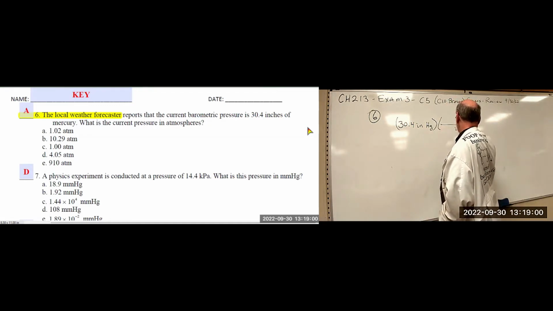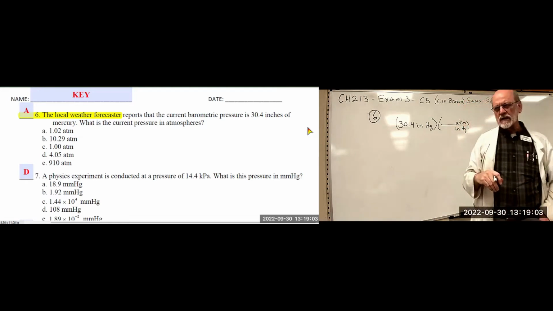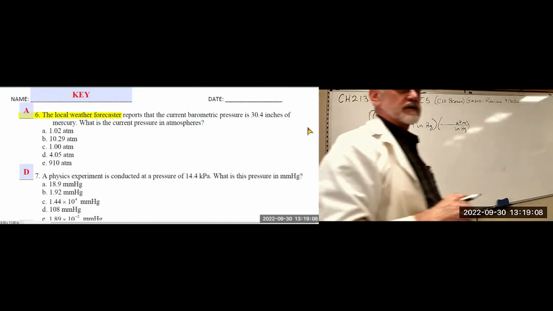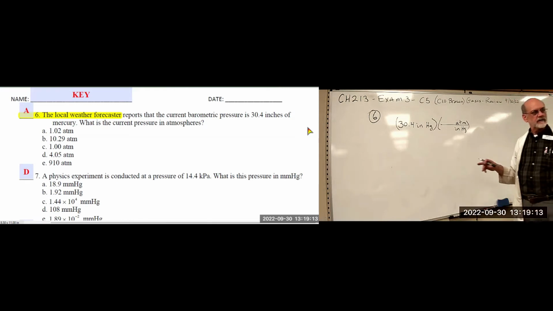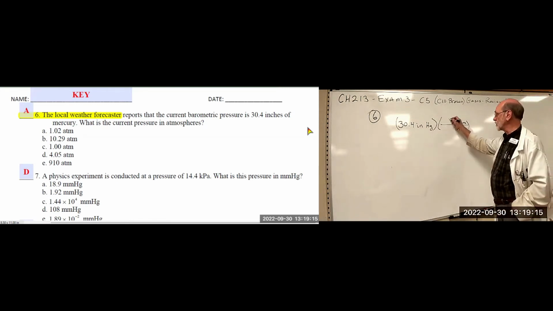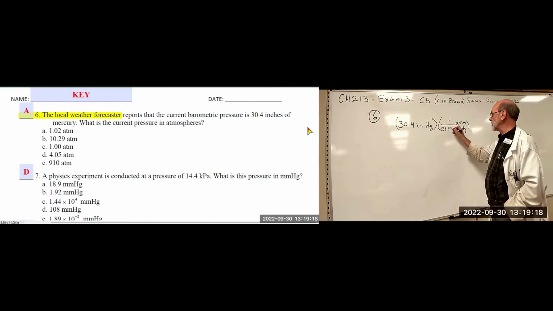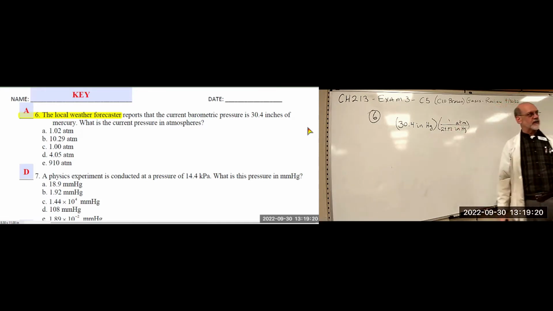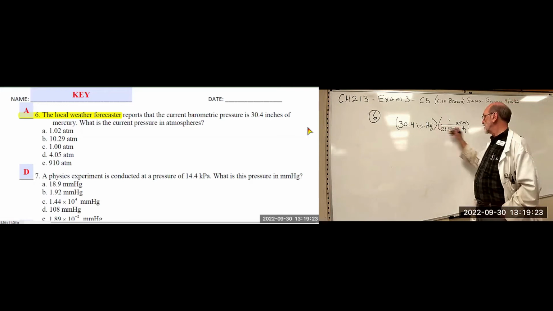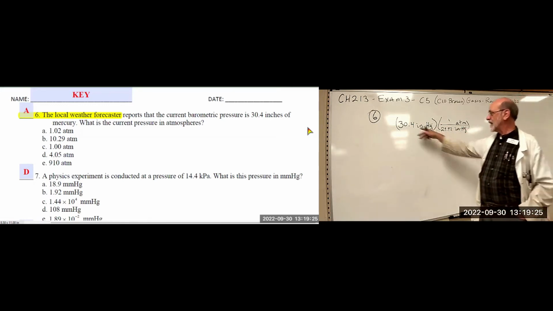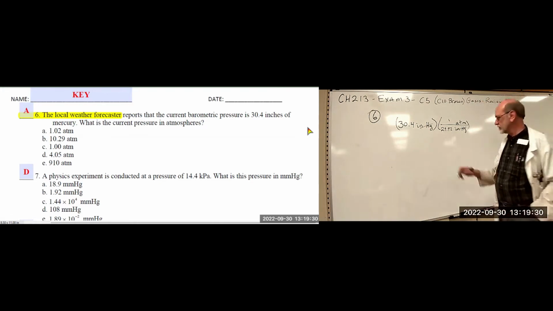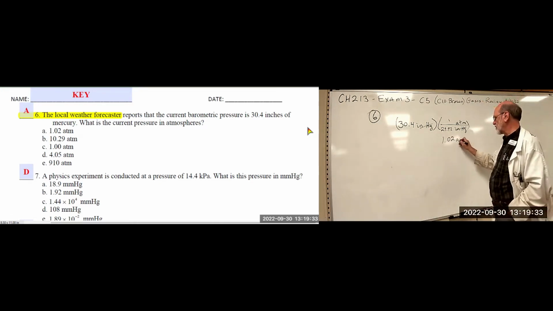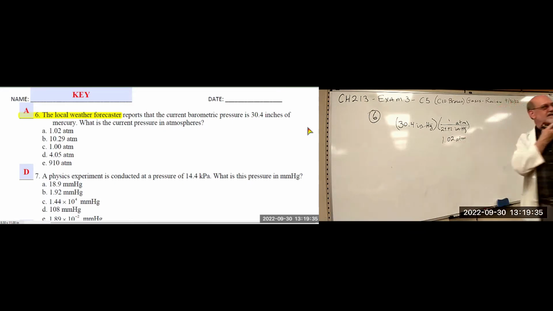If you don't remember that, that's okay. In the back of the review document, there's useful information and there's a list of conversion factors for those things. And if you look it up, you'll find that the conversion is 29.92 inches per atmosphere. So if you divide that into that, it's a little more than 1. And as it turns out, it's 1.02.